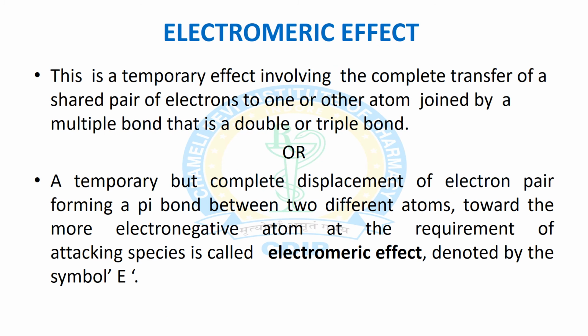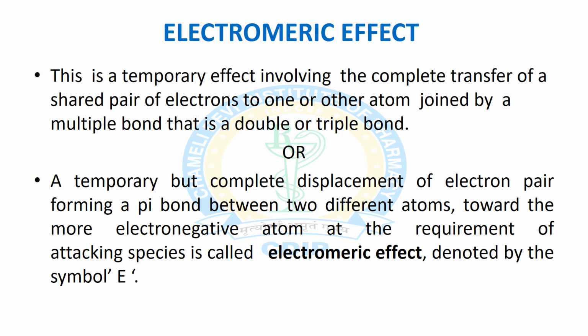Now, the electromeric effect. Earlier we studied the inductive effect, which is the case with sigma bonds or single bonds. If we talk about double or triple bonds, then there is an effect almost the same as the inductive effect, known as the electromeric effect.